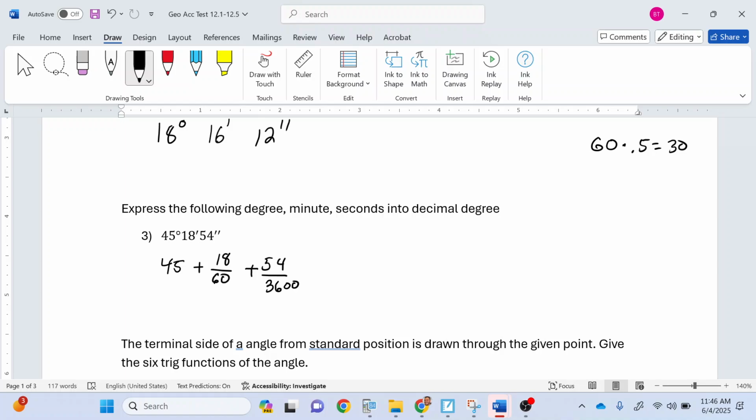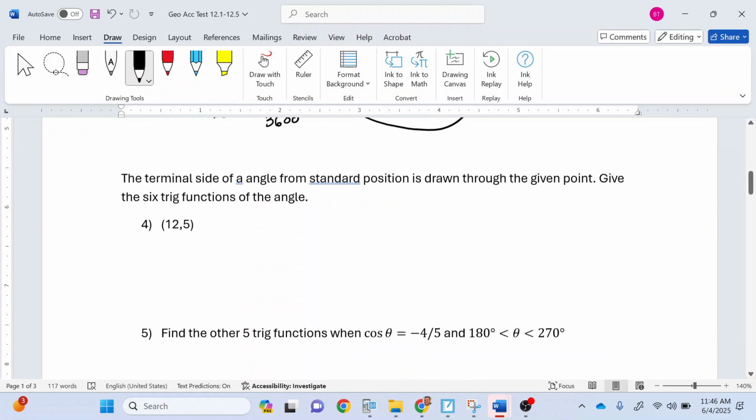You could type that in a calculator straightforward. You don't even have to put parentheses because division in PEMDAS will do it correctly for you. And I got 45.315. Of course, to check your answer, you could always just do the reverse of what I just did and see if it gets back to this.